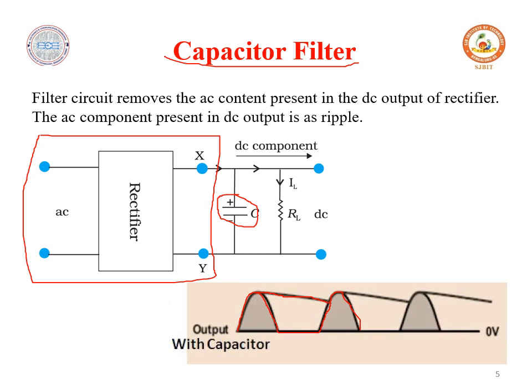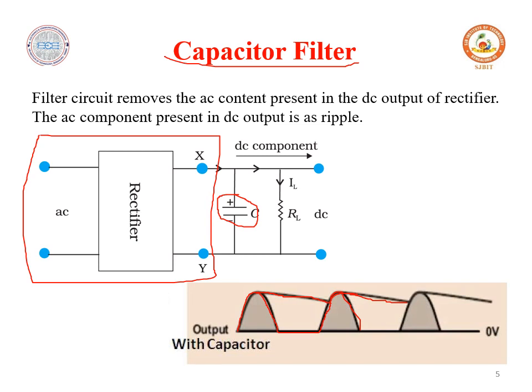Again the capacitor will charge and reach the maximum value. Once the voltage is decreasing, the capacitor starts discharging. Here we can observe that we get an almost straight line.